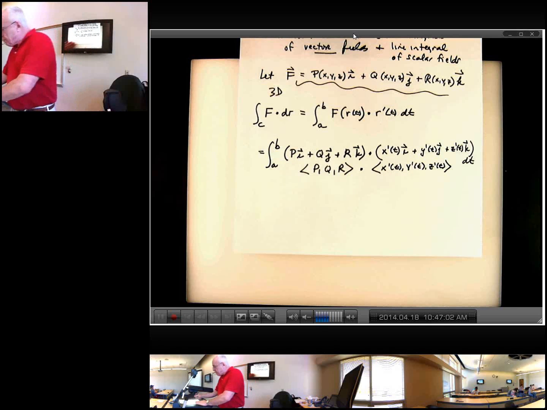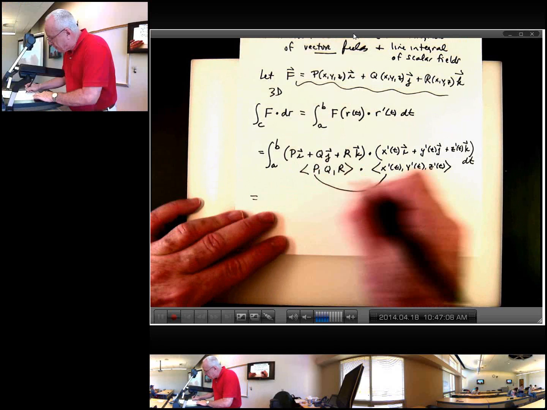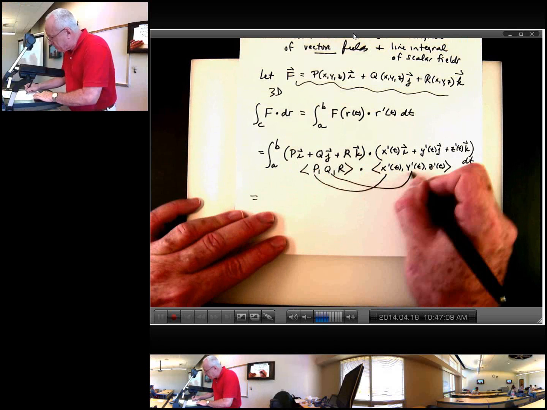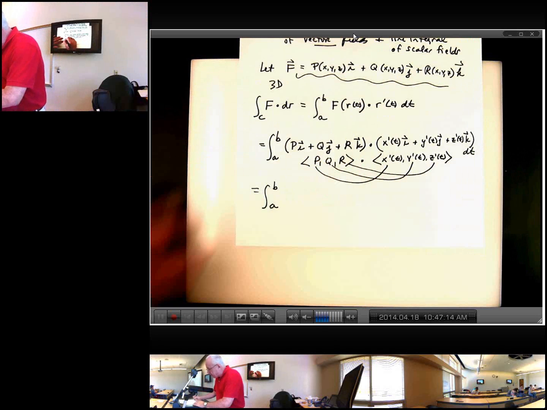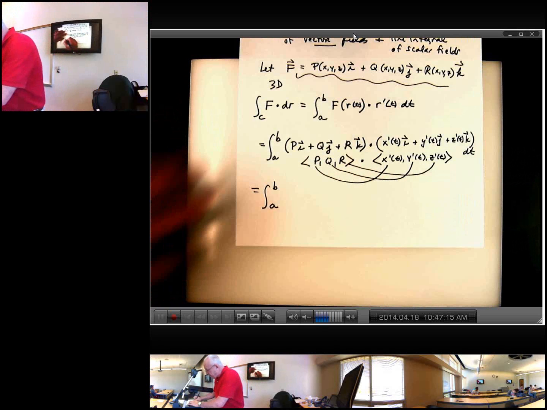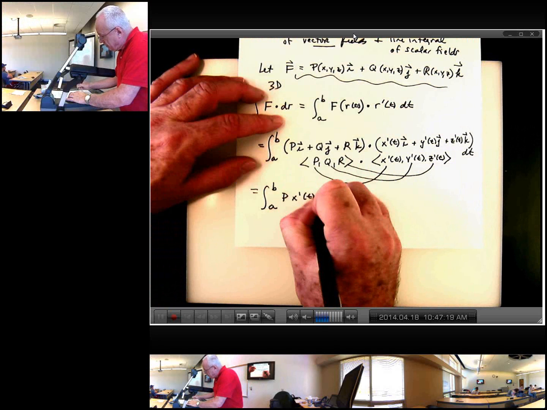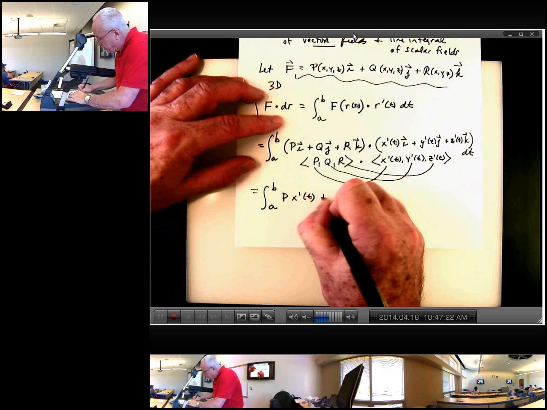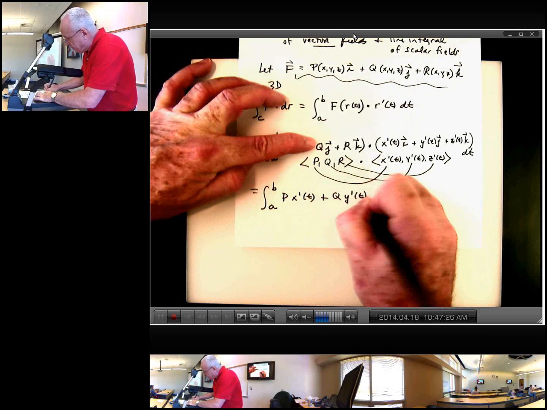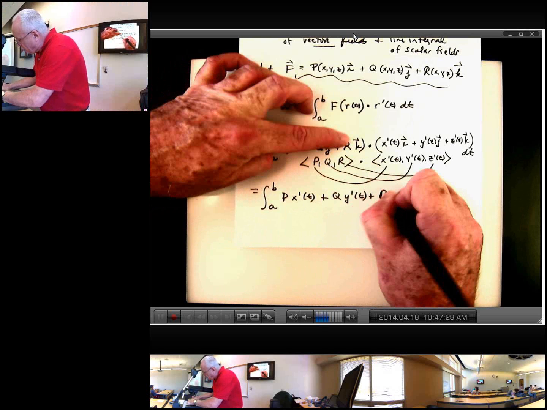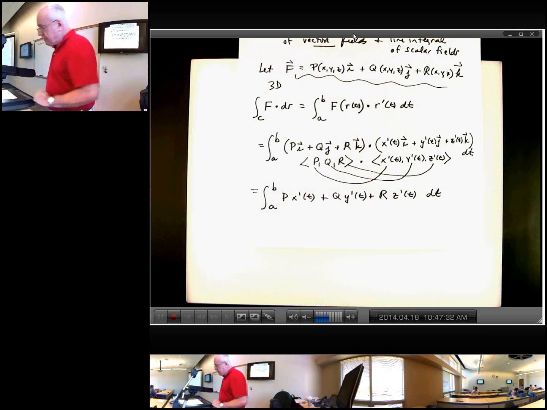And let's dot product this. That means I'm going to multiply this by this, plus this times this, plus this times that. That gives us, from a to b, P times x prime of t plus Q times y prime of t plus R times z prime of t, dt.